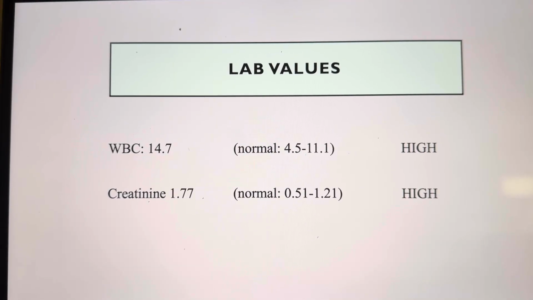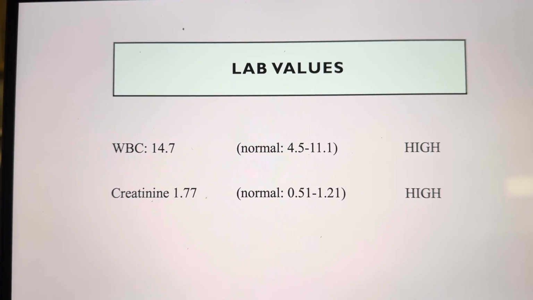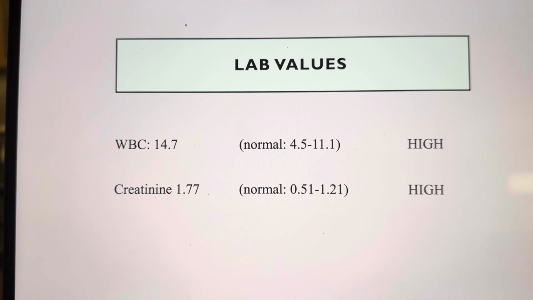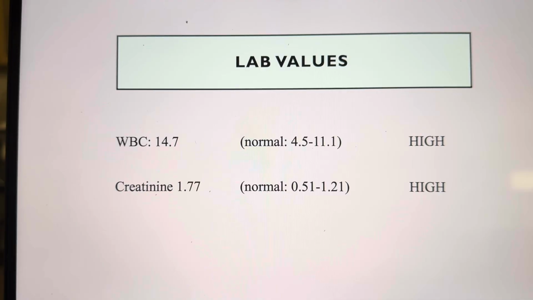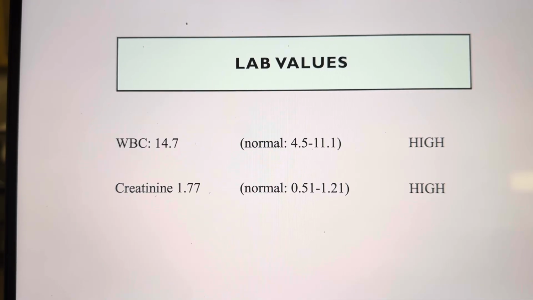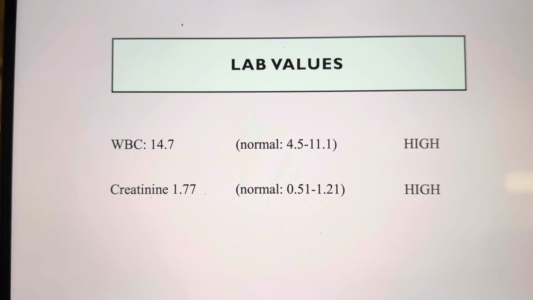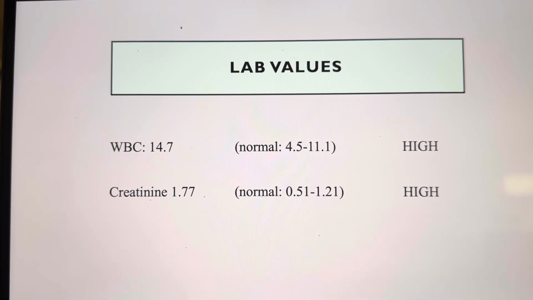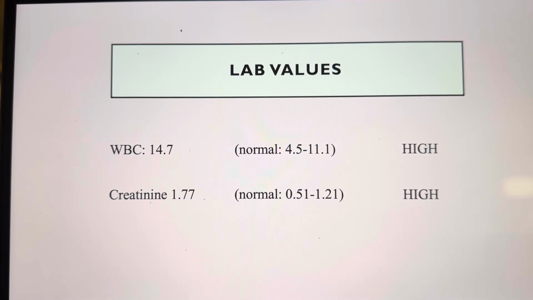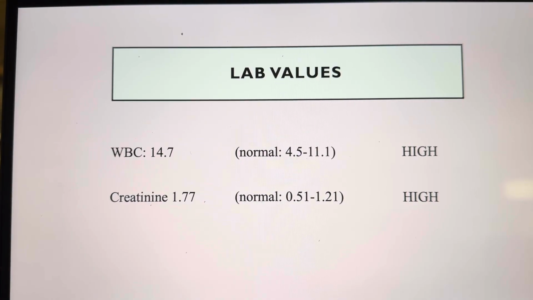Some relevant abnormal lab values for this patient include his white blood cell count, which is high at 14.7, and this just shows that he does have an infection, and the white blood cells are being called up in high number to fight this off.